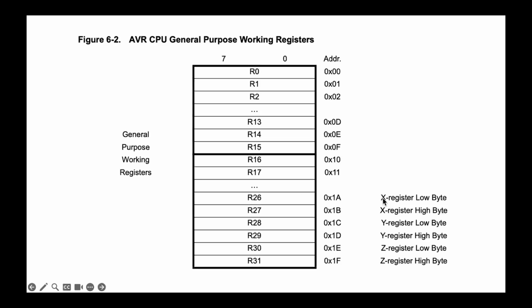These pointers could be pointers to data SRAM or the data memory, or they could point to program memory in some cases. In AVR architecture, all addresses and consequently all pointers are 2 bytes, which is called a word. So the pointer size is 2 bytes. And this is why the X pointer, Y pointer, and Z pointer are 2 bytes wide.